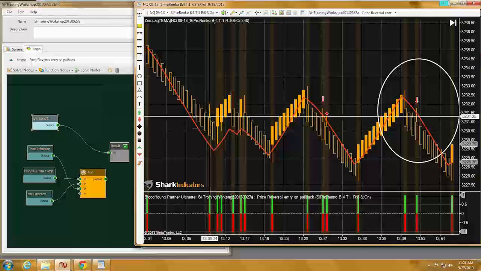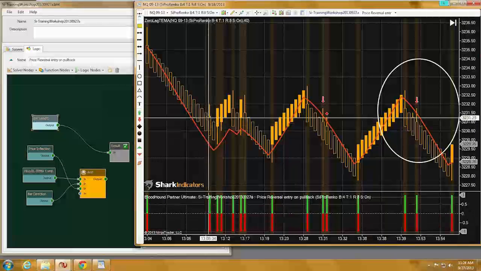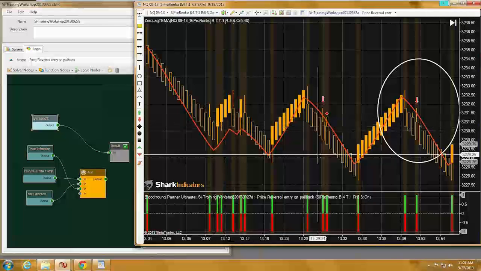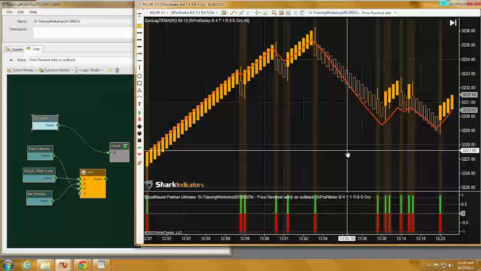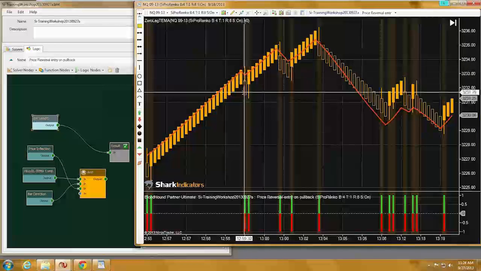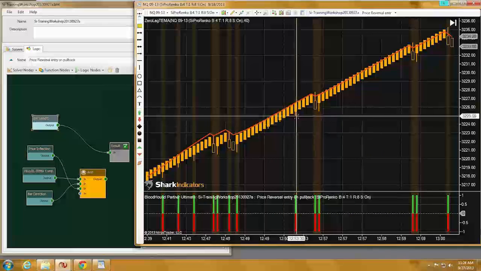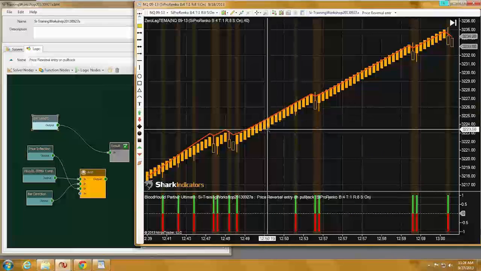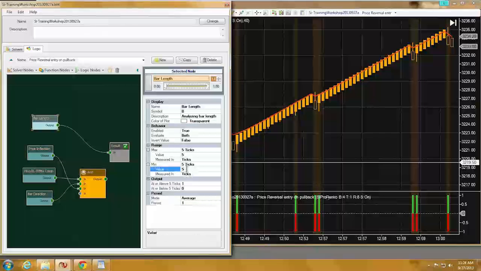Now we can see that we're getting a long or short output on every bar that has a wick. If we scan forward, obviously every reversal bar is going to have a signal because all reversal bars have wicks. And look, there's a wick there. Oh, there's a 5 ticker. So let's adjust this down to 4.5.